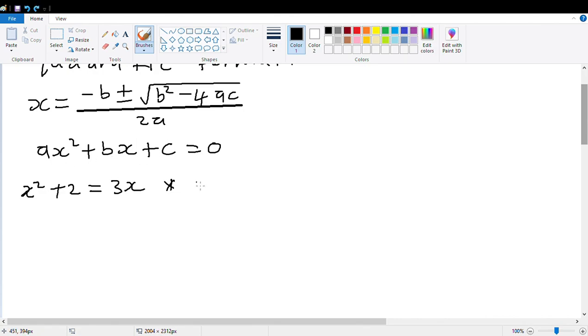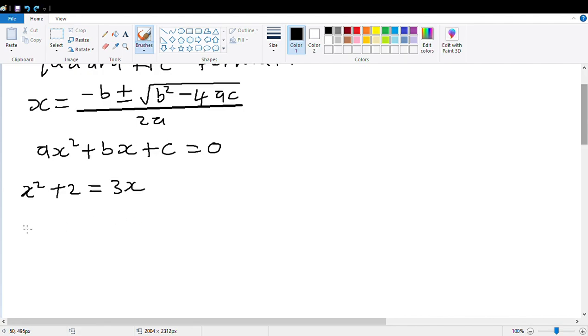So first things first, you need to rearrange your terms so that it can be in this form. So for that, you just have to transpose this 3x here, meaning you're taking this 3x from the right hand side to the left hand side. And to do that, you simply move this 3x to that other side.